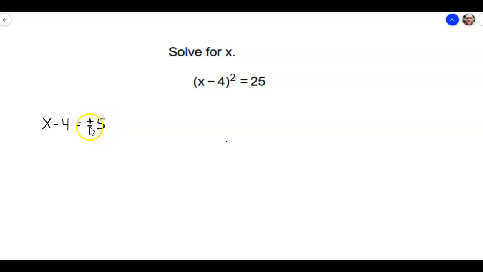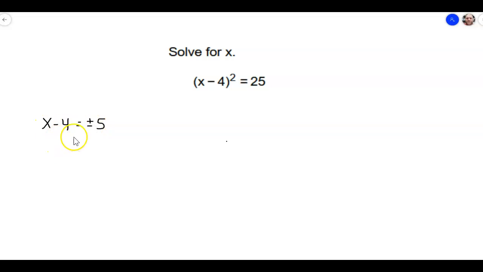I have to remember to look at both positive 5 and negative 5 when I take the square root, because both of those are solutions to the square root of 25. You might say, well, why is that? Well, what is 5 times 5? That's 25. And what's negative 5 times negative 5? That's also 25. So we have to look at both of those.